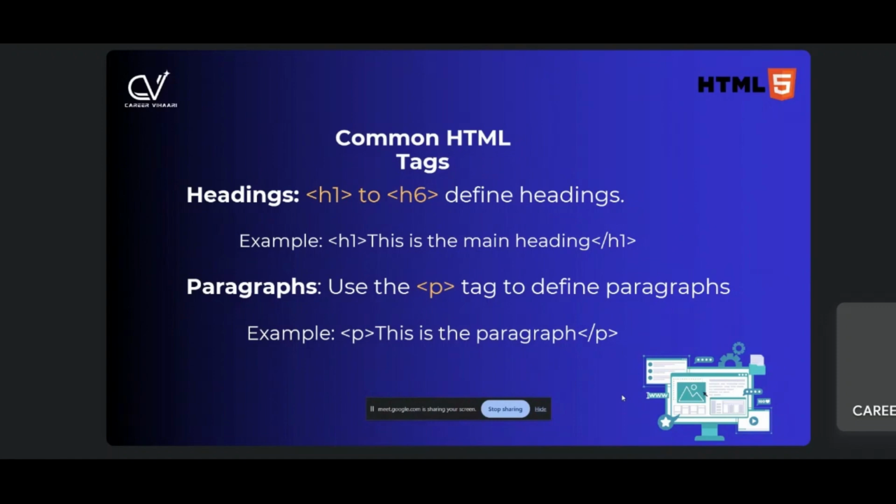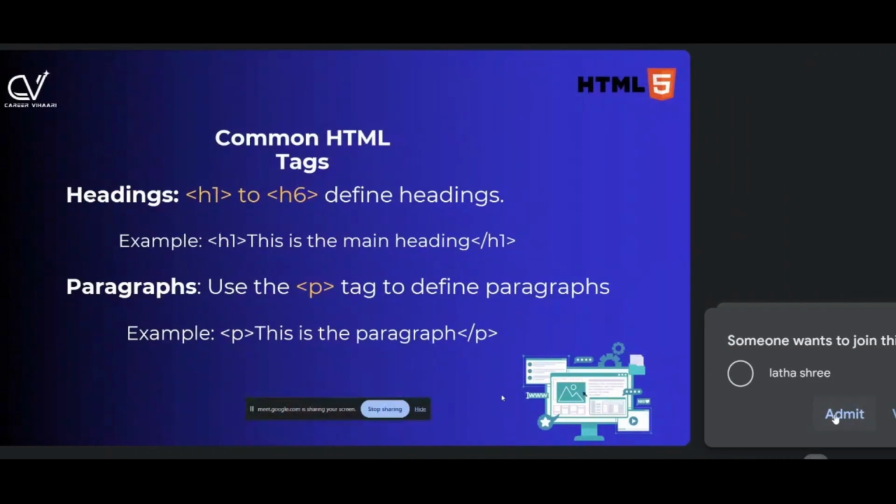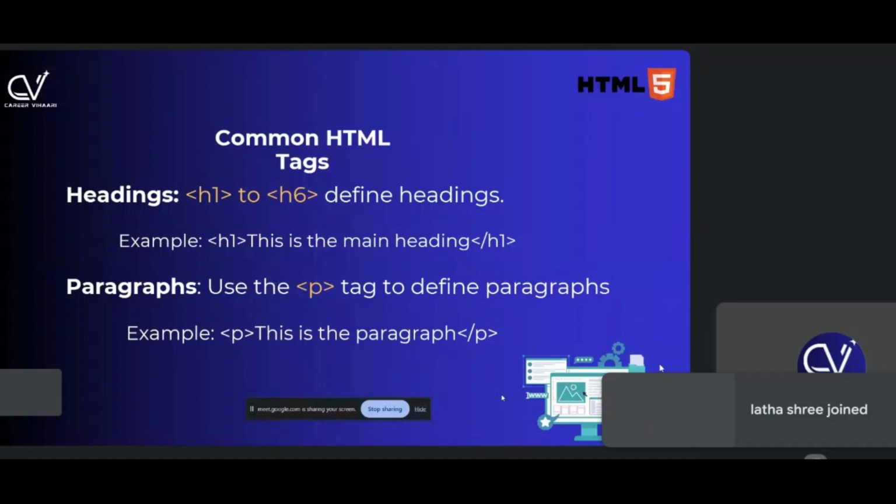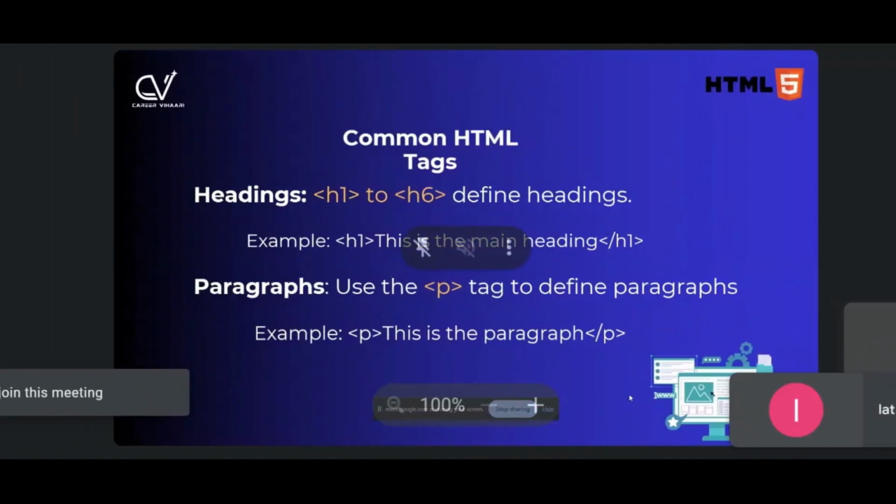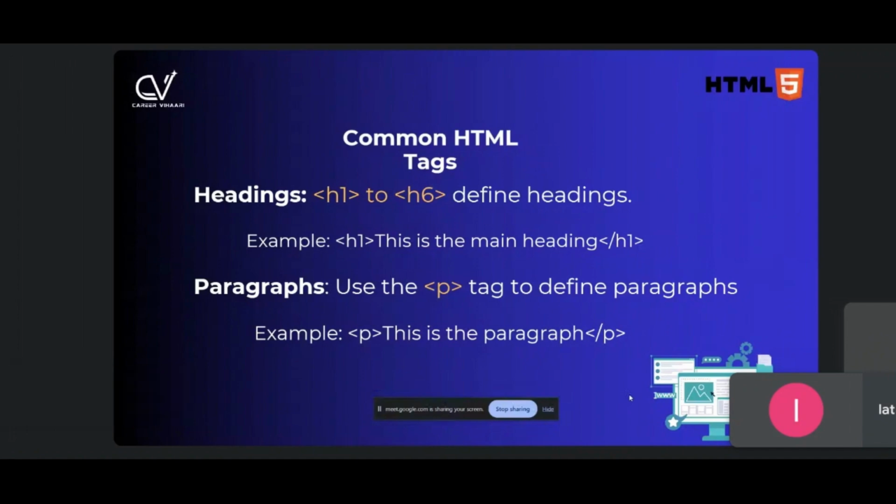H1 is the largest and most important heading, in a larger size, and H6 is the smallest heading, with less importance. H1 is very big, H2 is somewhat smaller than H1, and similarly H3 is smaller than H2. In such a manner, all these tags will be there.